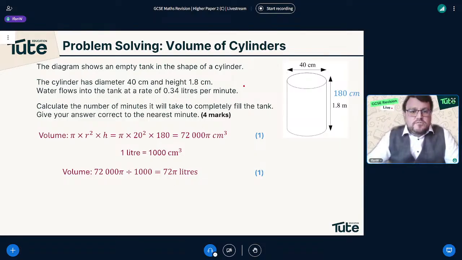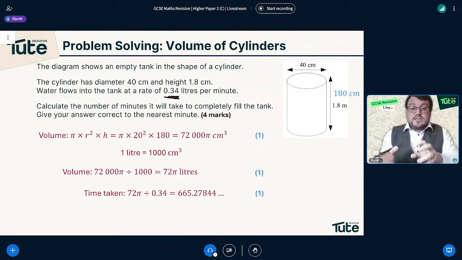Second step, you've pretty much used that bit again. Now, you know the time taken. So we're using this piece of information now, right? 0.34. So time taken would be 72 pi divided by 0.34. You're trying to find out how many 0.34s will fit in.